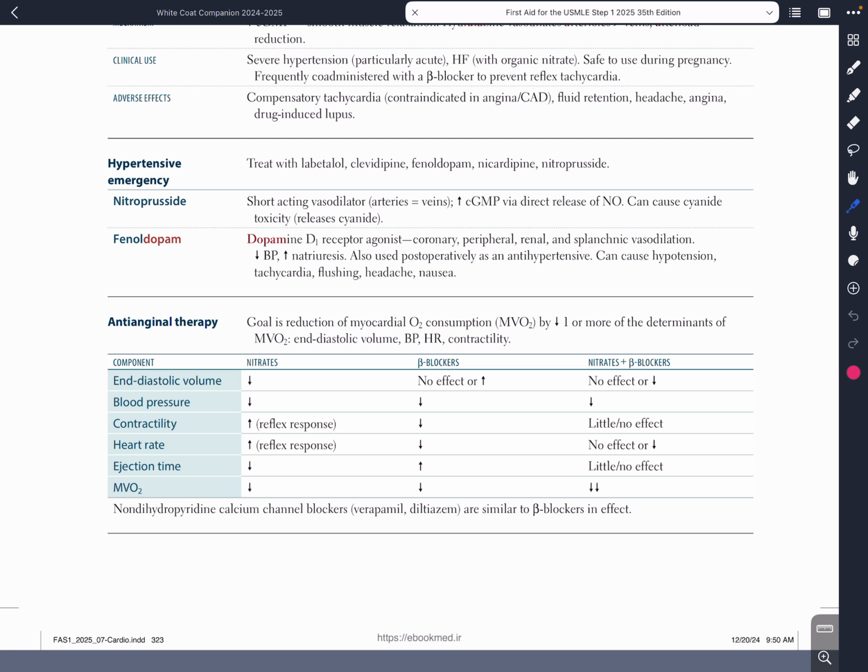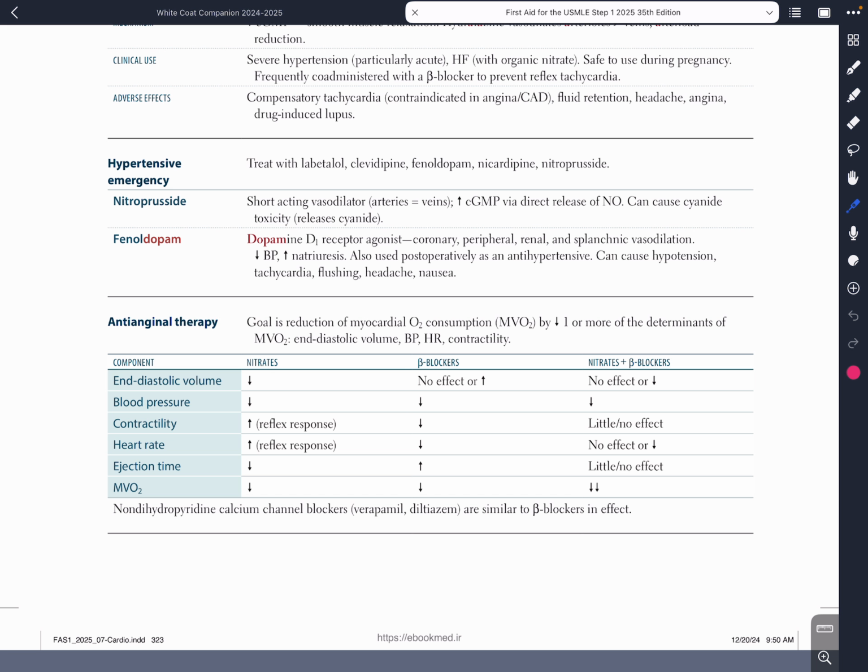Think of the myocardium. If the myocardium doesn't have enough blood supply, which can lead to myocardial infarction, the patient experiences angina.